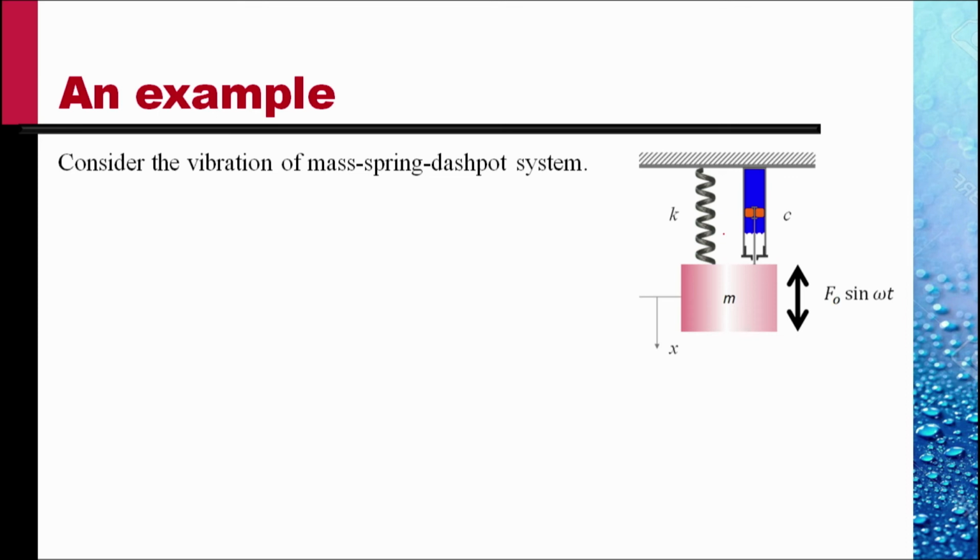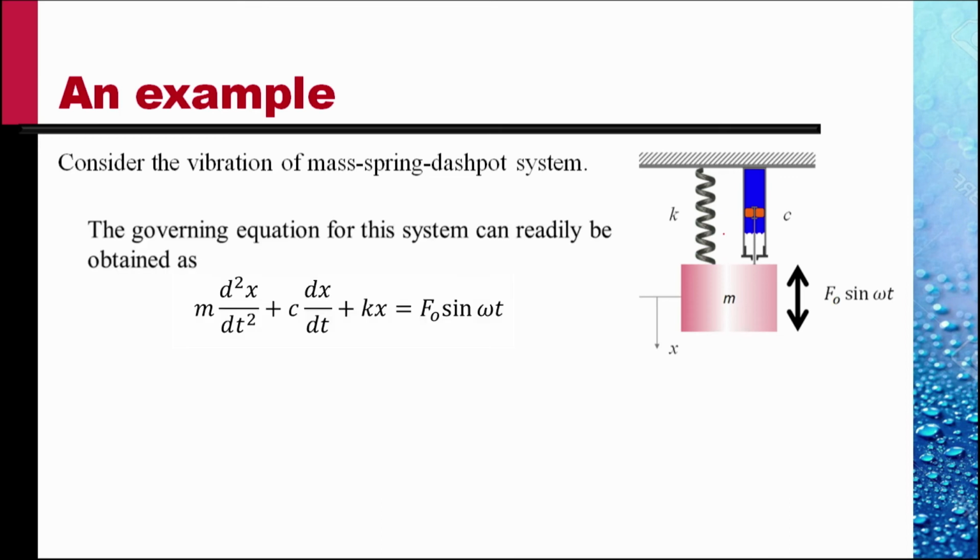Those who have studied vibrations even at high school level would know that the governing equation for this system can readily be obtained as this. Here the first term on the left is the inertial force, mass times acceleration.